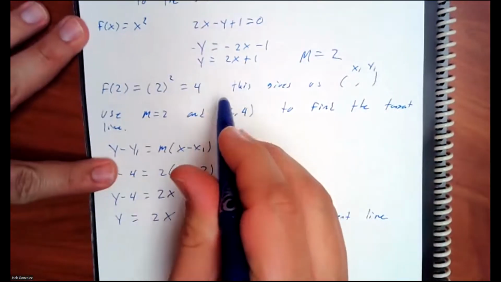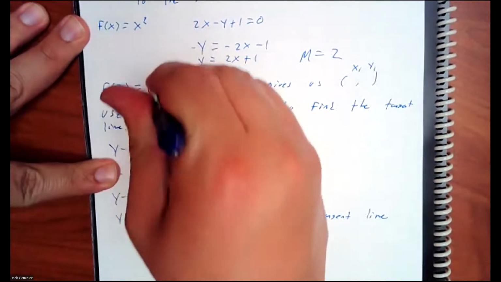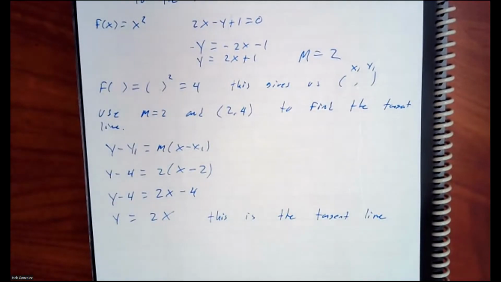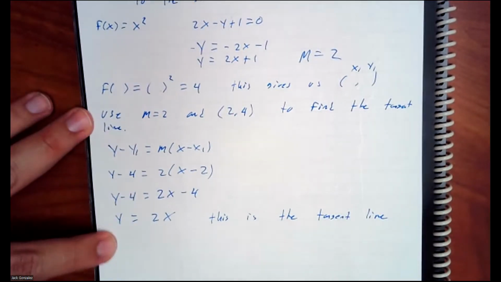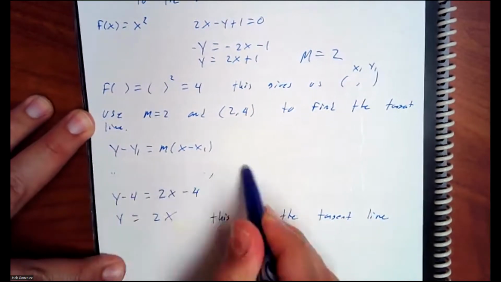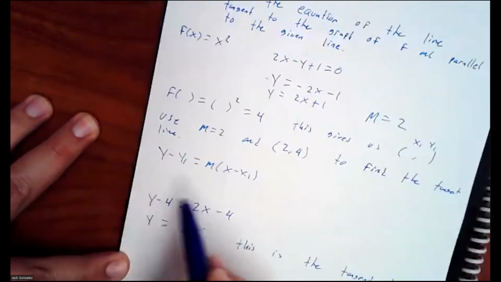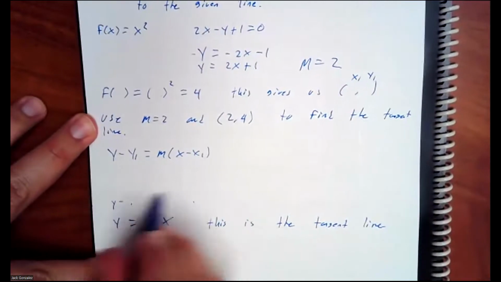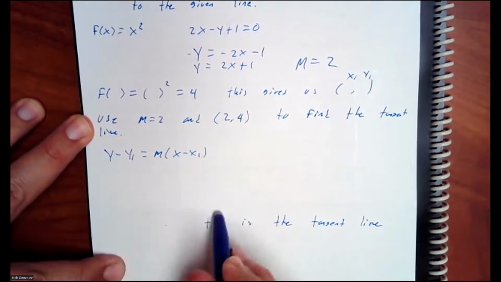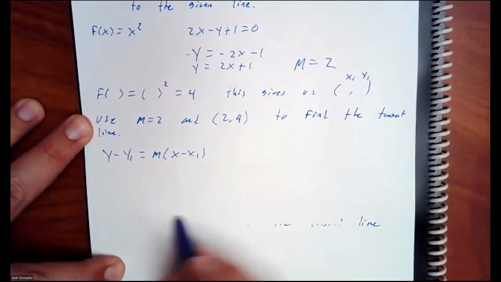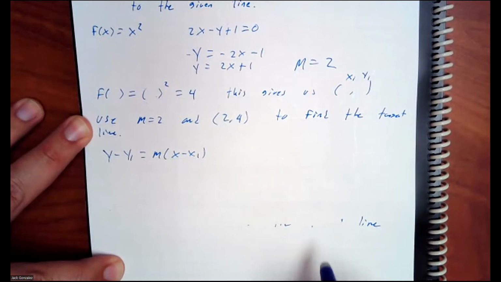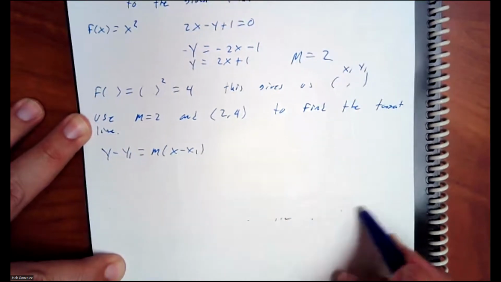I cannot use the 2, which means that everything below this line is also wrong. We found the parallel line, but not the parallel tangent line. That's where we went wrong.